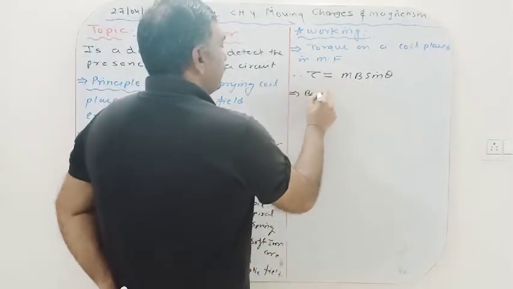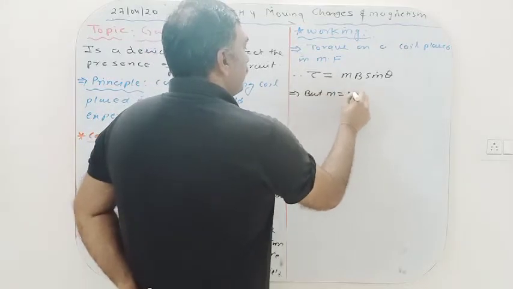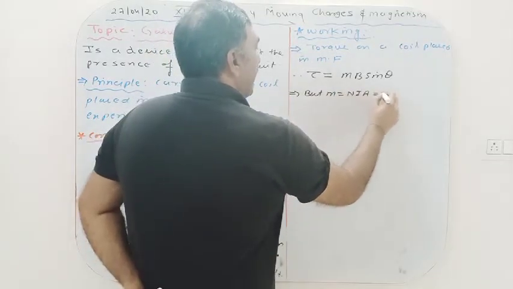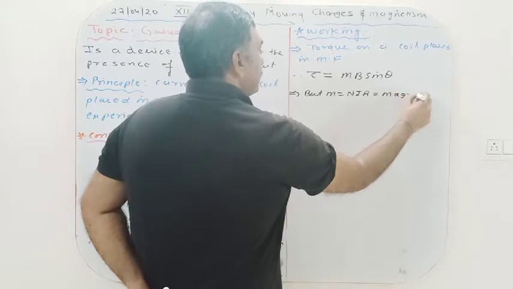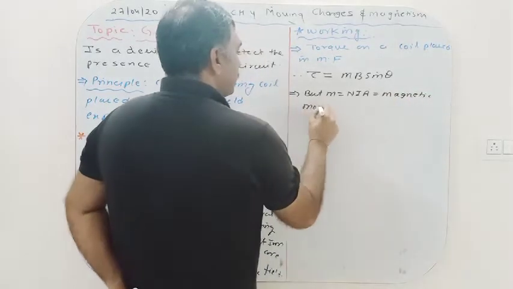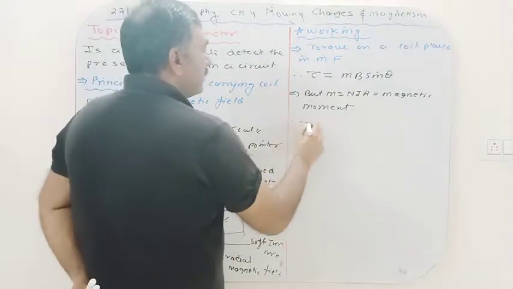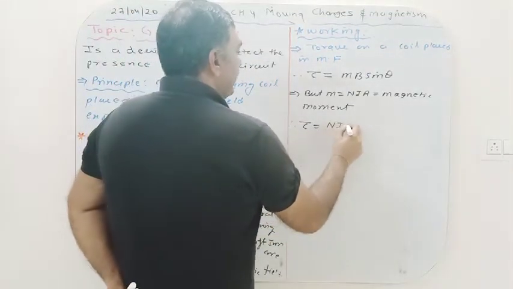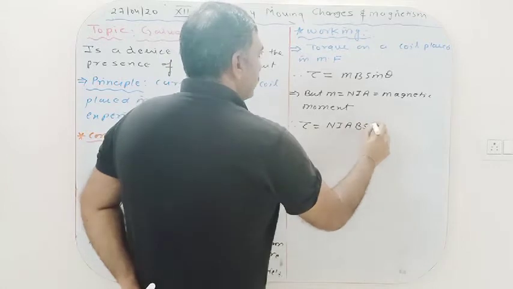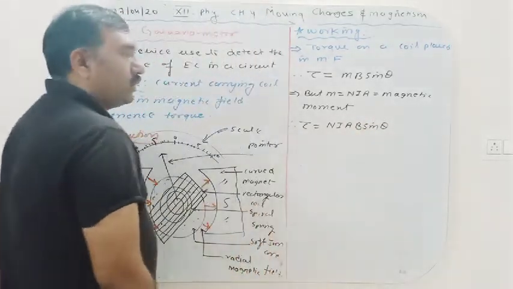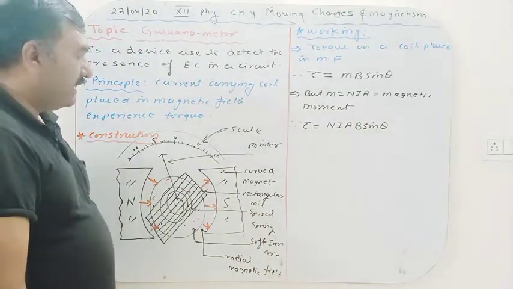But m is equal to NIA, the magnetic moment. Therefore tau becomes NIAB sin theta.